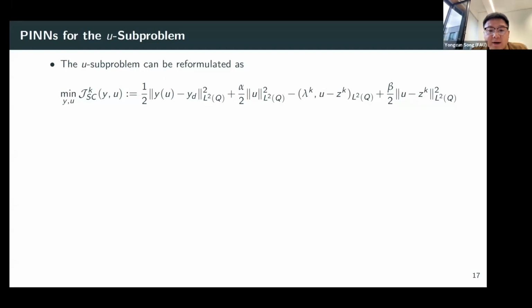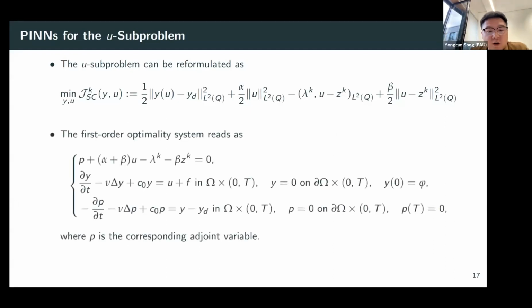Here we first derive the first-order optimality system of this u subproblem, which is in this form. The first and the last equations are the adjoint equation, and p is the adjoint variable. Next, we consider applying PINNs to solve this first-order optimality system.